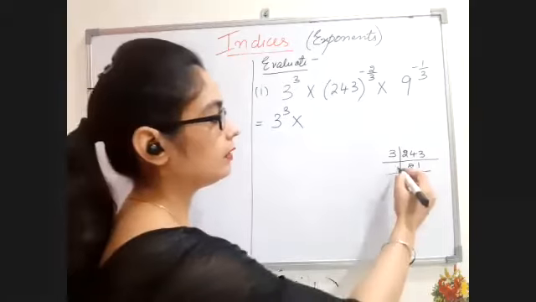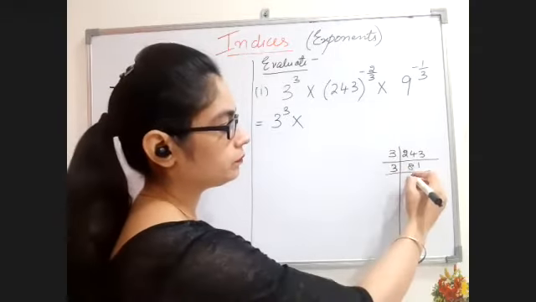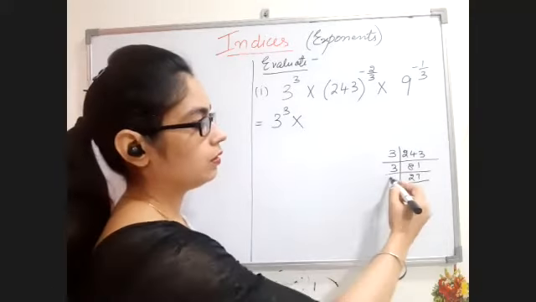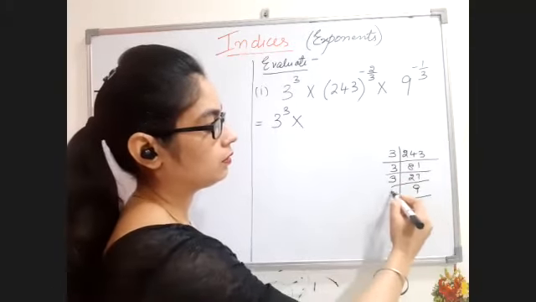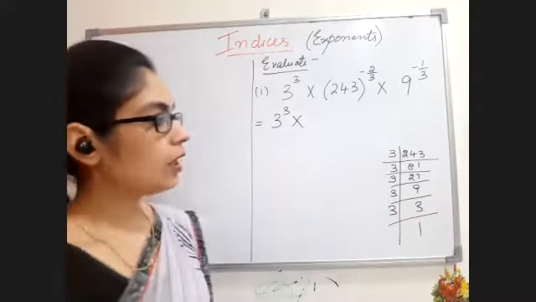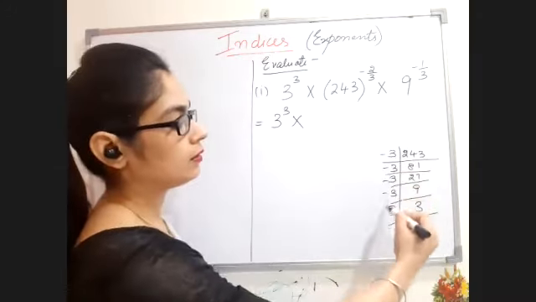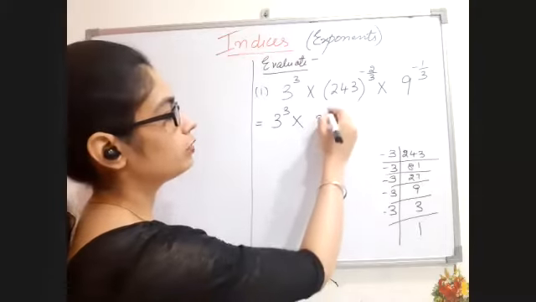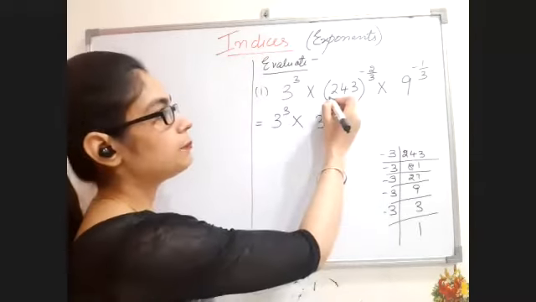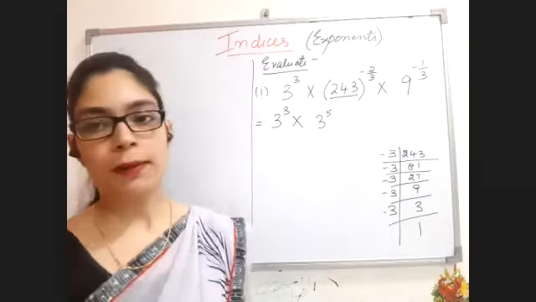Then 3 nines are 27, 3 threes are 9. So how many times 3? 5 times. 3 to the power 5. So that means 243 is 3 to the power 5. So in place of this we are writing 3 to the power 5.